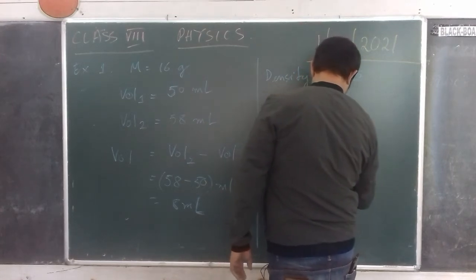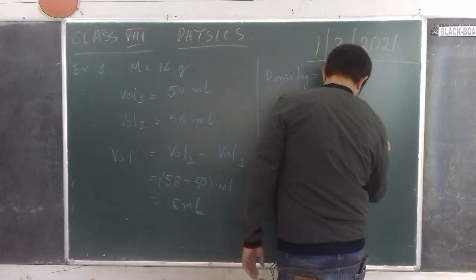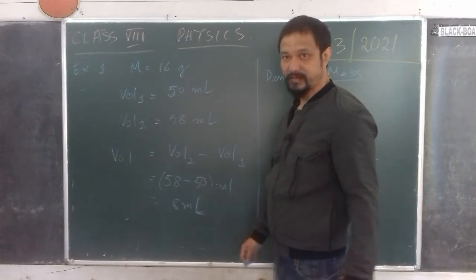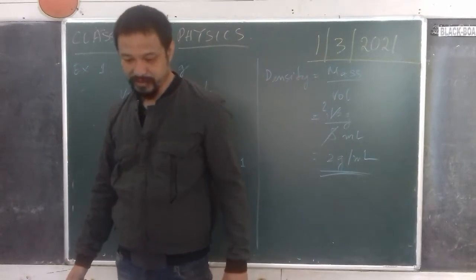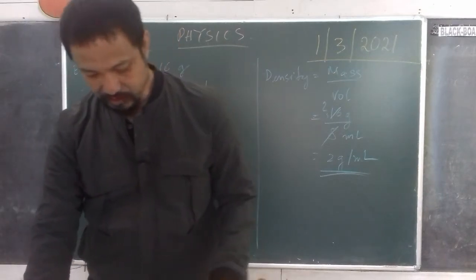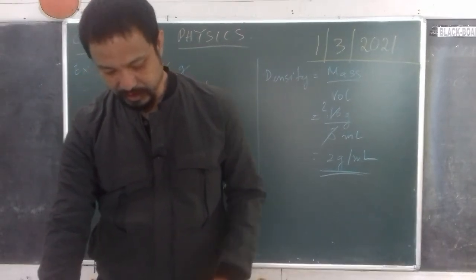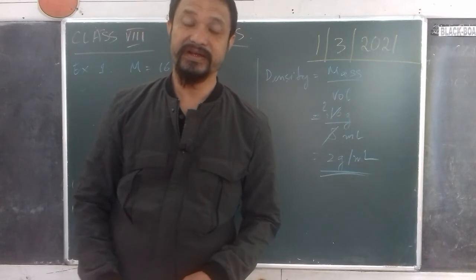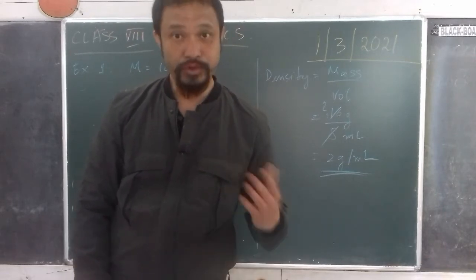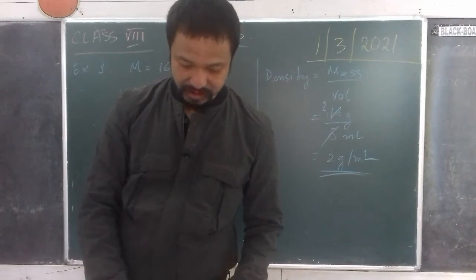So it becomes 2 grams per milliliter. This is how you're going to solve the type of sums that you'll be doing. So that was how to measure the volume of an irregular solid using a measuring cylinder. I had already told you about this earlier, just doing a sum.